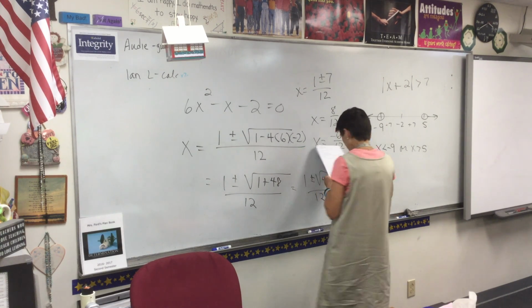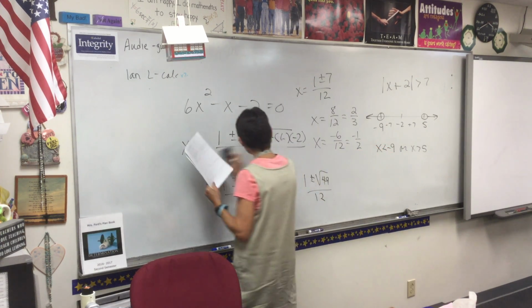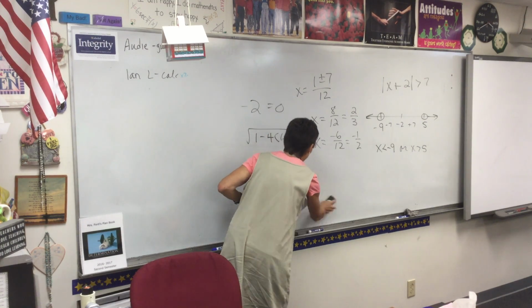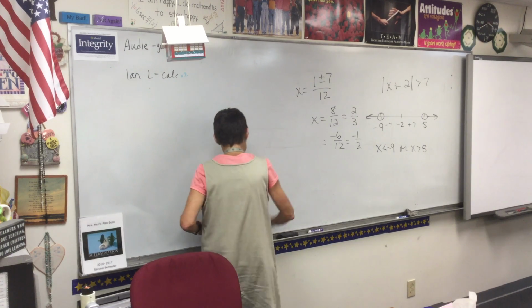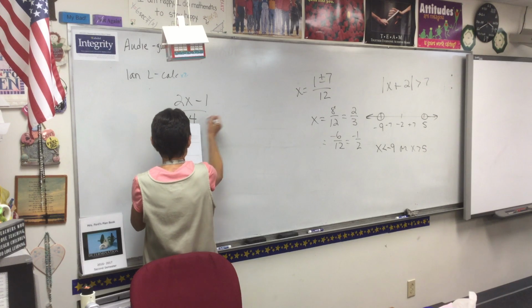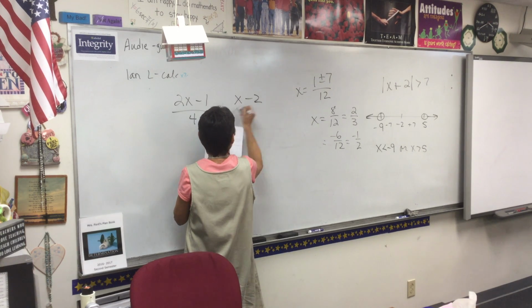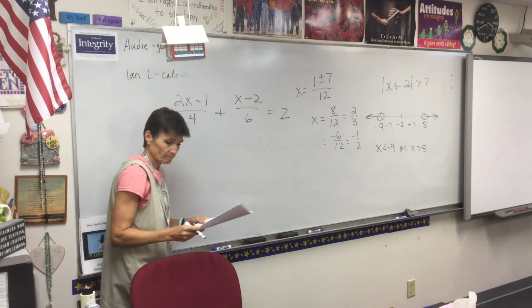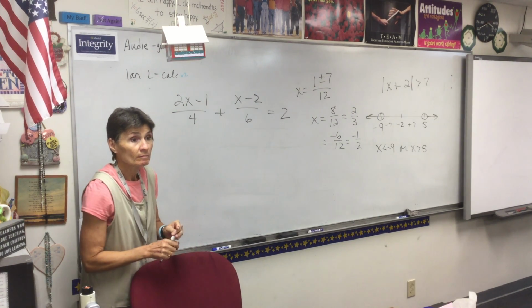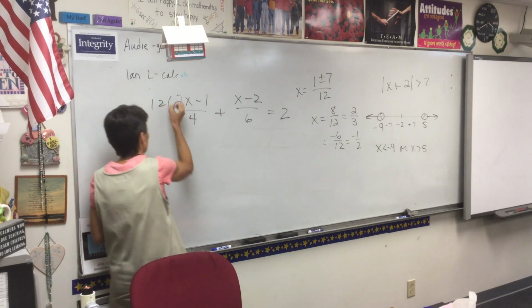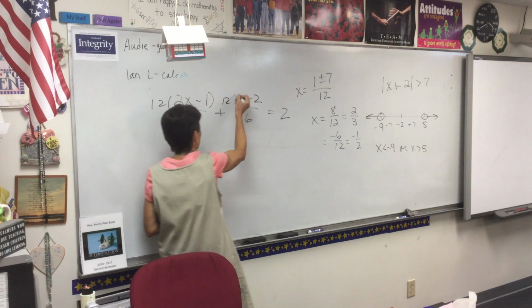Okay, C. Not an inequality, so don't draw a number line. All we have to do here is solve but it's full of fractions. So what do you think? What? Multiply by 12. She says I'm going to multiply everything by 12.